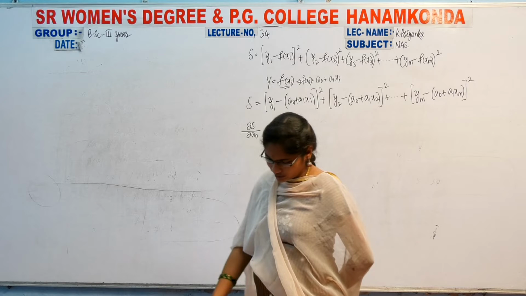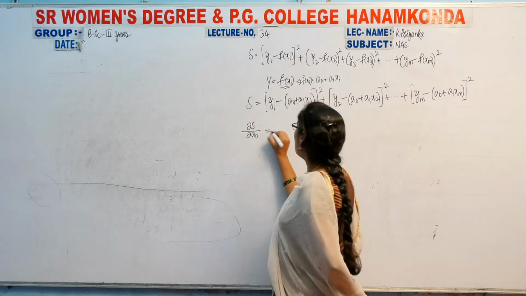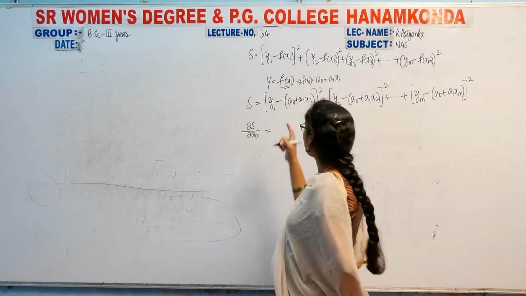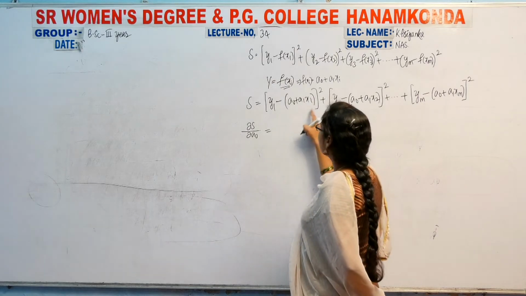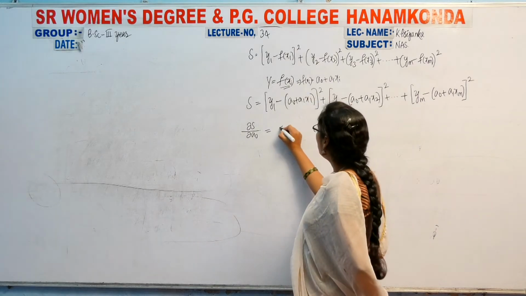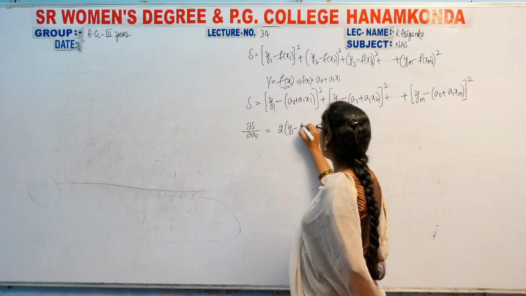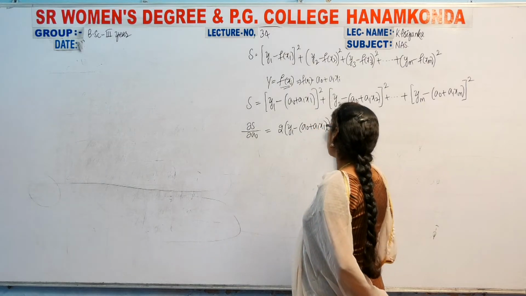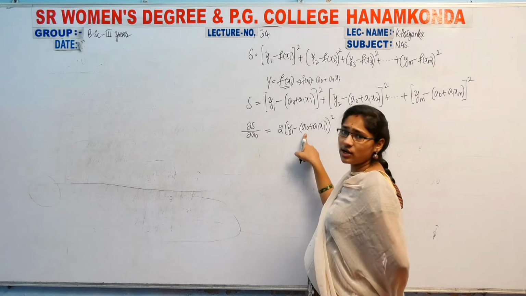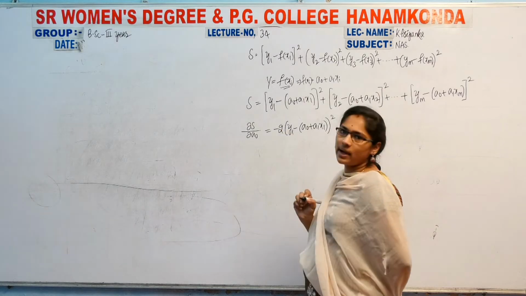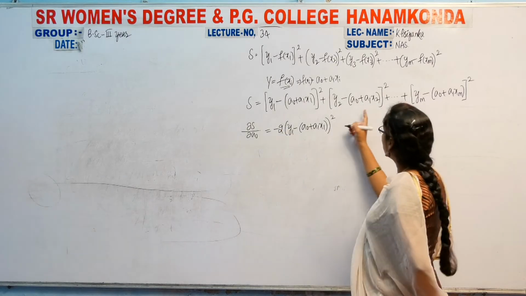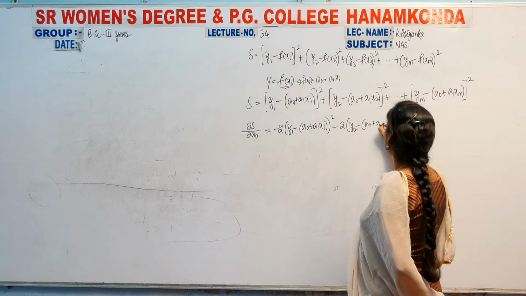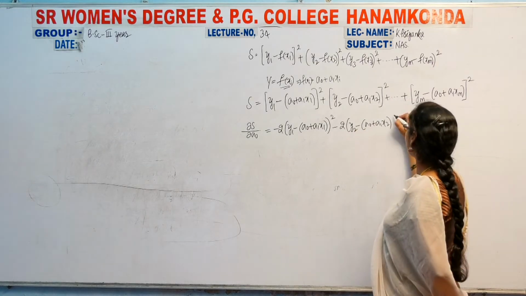First calculate dou s by dou a0. We have to differentiate with respect to a0, where some value is whole square. So first 2 into y1 minus a0 plus a1 x1, and the inner function derivative is minus 1. Next, minus 2 of y2 minus a0 plus a1 x2.